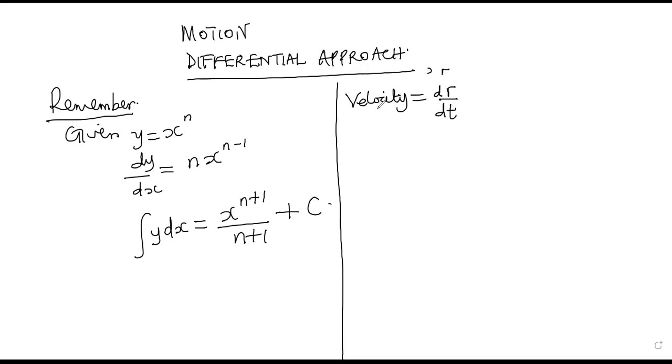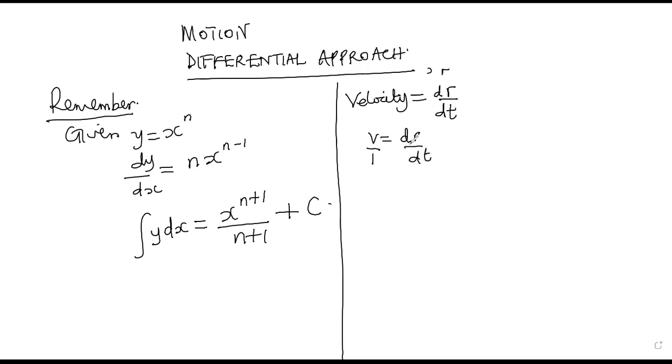So velocity is the rate of change of displacement, and when I say rate of change, you have to divide by time. If v is equal to dr/dt, meaning that to get velocity when you're given displacement, you differentiate displacement with respect to time. That is when you get velocity.